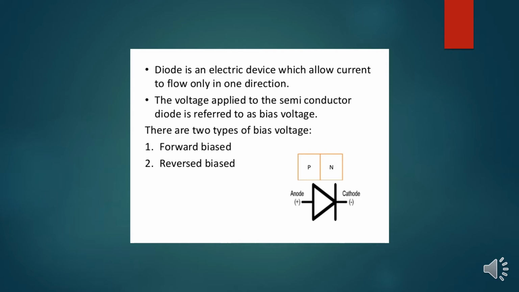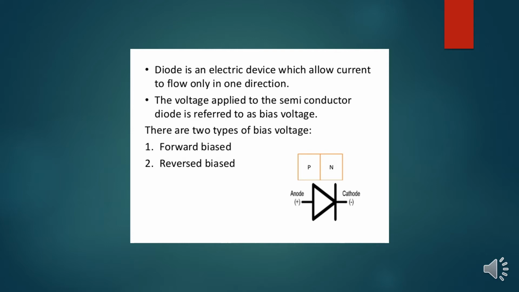The holes accept the charge from the electrons and become negative ions near this junction, and the electrons release their charge and become the positive ions.